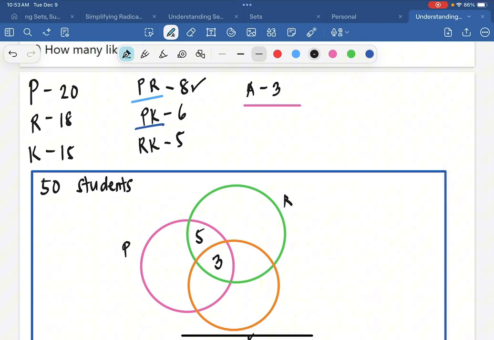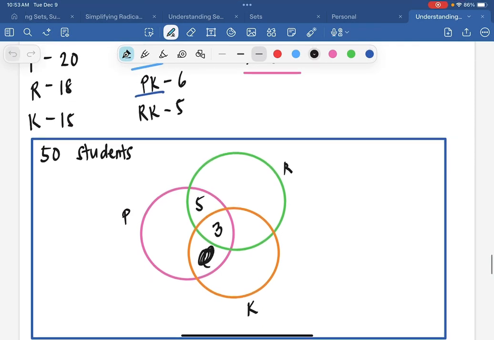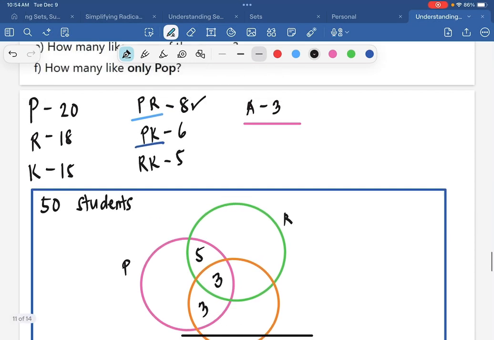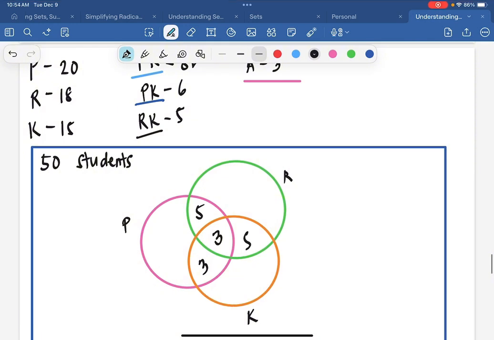So here, the PK, this is the area. So for PK, it's 6. But again, we should not write 6, but instead 6 should be subtracted by 3. So 6 minus 3 is 3. Next, last one is R and K, which is 5. So instead of writing 5, we need to subtract it by 3. So 5 minus 3 is 2.